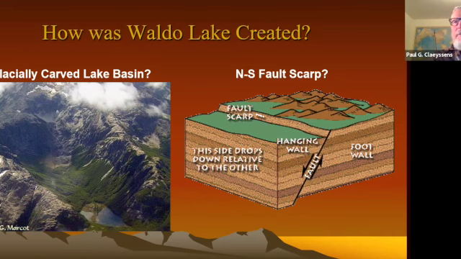There's also a potential fault scarp that may have helped orient the path of the glacier, so it probably moved from south to north and carved out this basin. So in reality, it's not that old. It's probably less than 20,000 years old. It might be as young as 12,000 years old.